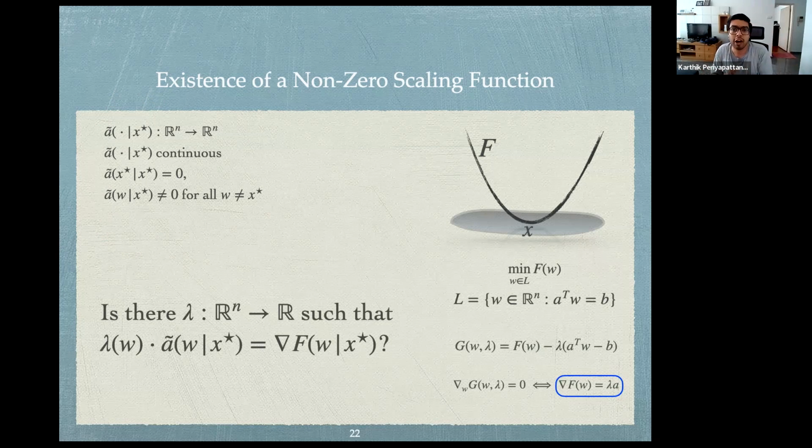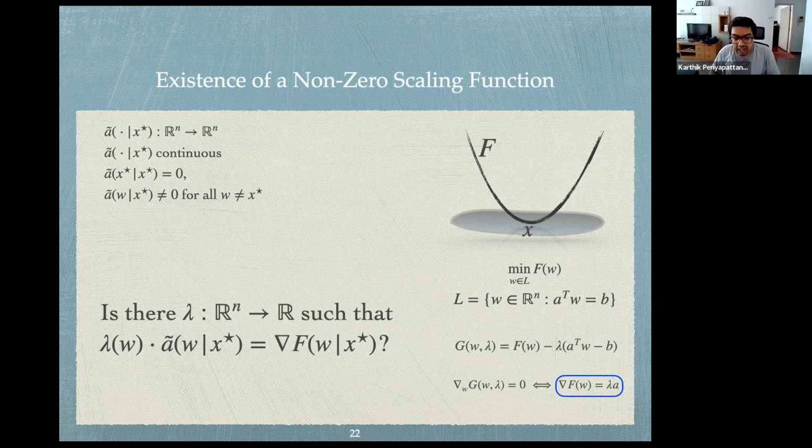This vector field a priori may not be of the form gradient of some f. If A tilde itself is of the form gradient of f, we are done. We can readily conclude that the regular projection rule is generated by that function. But if A tilde is not of that form, at least can we think of a scaling of A tilde that will make it look like a gradient of f for some f? We don't know what the f is.